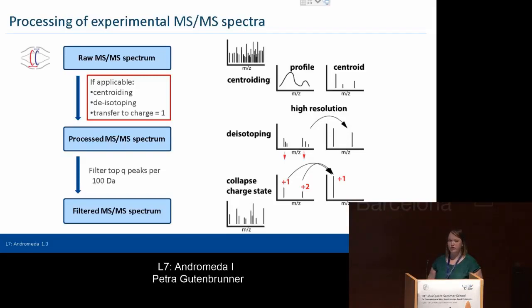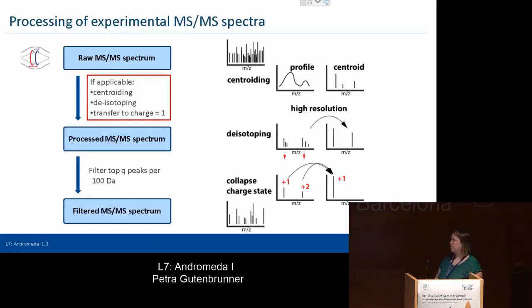Then to reduce the size even more, we can do de-isotoping, but here it's important that the spectra are in high resolution. Otherwise, it's not possible to detect the isotopic pattern, since you can't really tell if two neighboring ions are 1 Dalton apart in case of charge 1, or if they belong to different fragments. But if you have high resolution in case of Orbitrap or Q Exactive, you are able to detect the isotopic pattern.